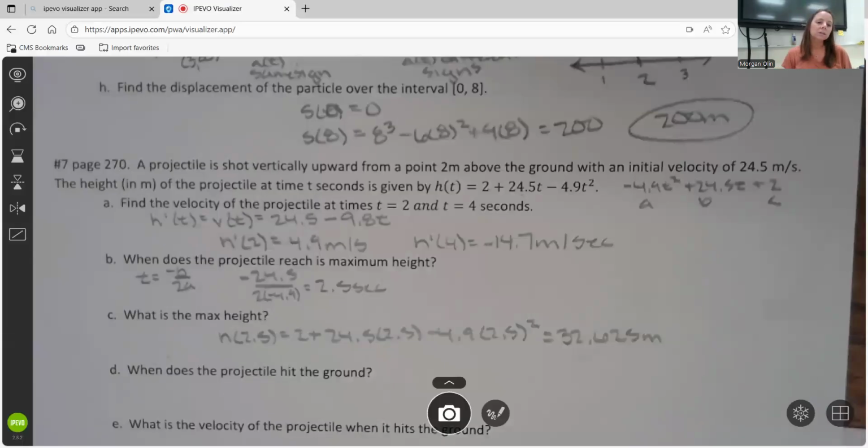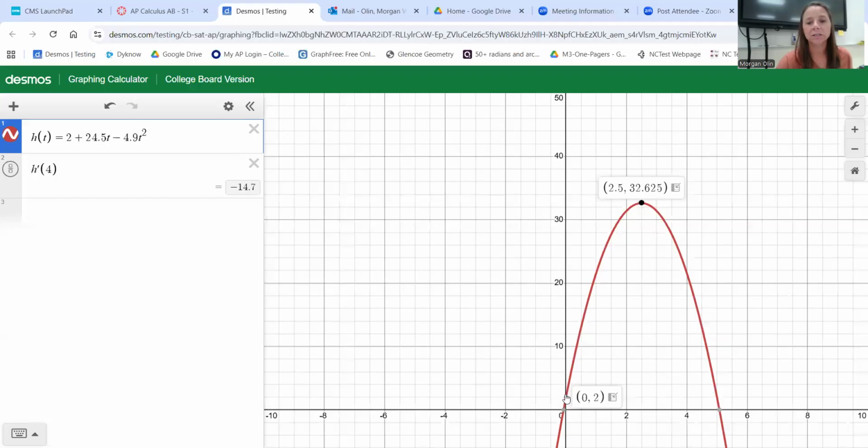When does the projectile hit the ground? Think, it goes up and then it hits the ground. So I'm just going to look at the calculator on this one. It starts here at 2 meters, that's our y-intercept, and it goes up to its max height and hits the ground right here.